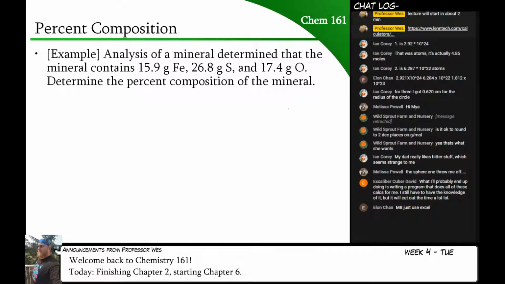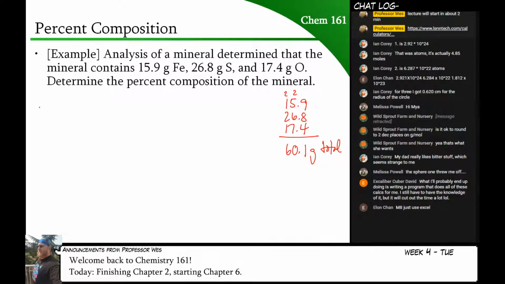Well, the first thing I would need to do is figure out what the total mass of the mineral was. So I'm going to add all these together. 17 and 4 is 21. 7, 13, 26. Okay. So that looks like the total mass, if I did that right.